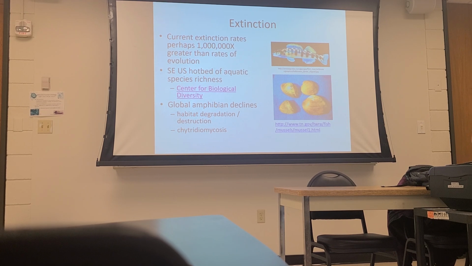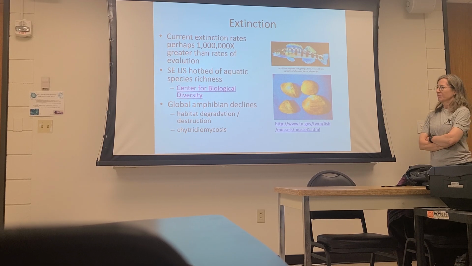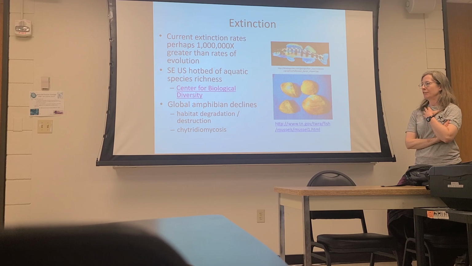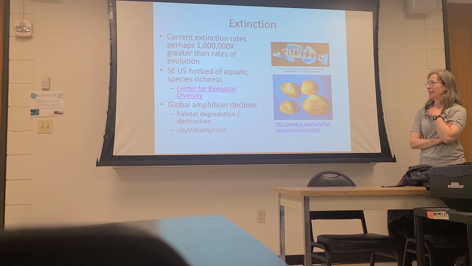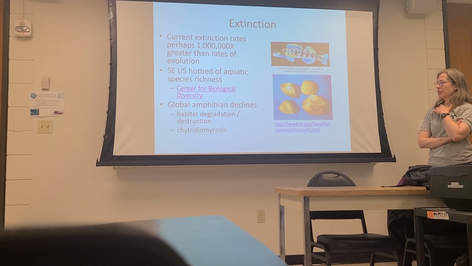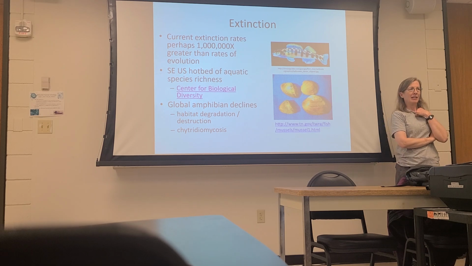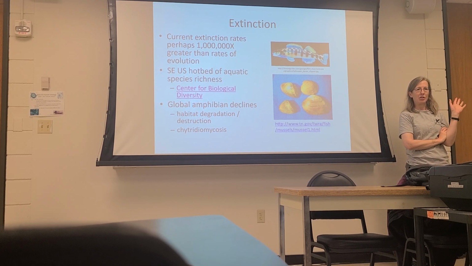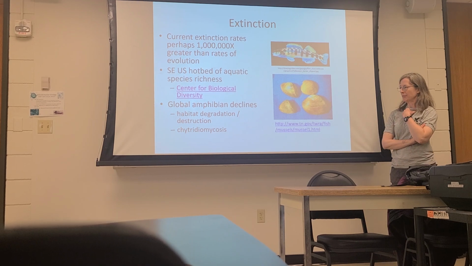Other extinction issues: we have been seeing global amphibian declines for the past few decades. Habitat degradation and destruction is an overall gigantic problem and a reason for a lot of the extinctions that we see. But we were seeing amphibian declines in places that were not disturbed, and it took a while to figure out what was going on.